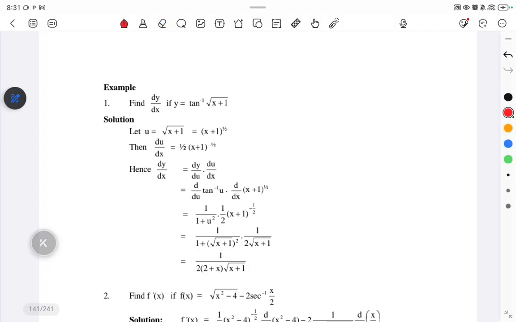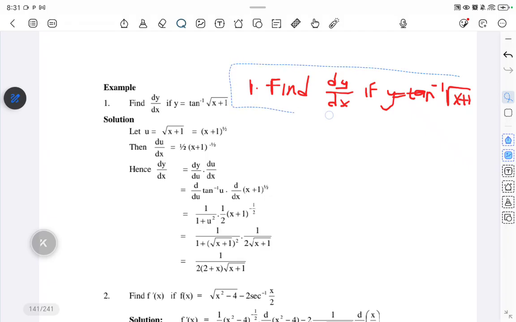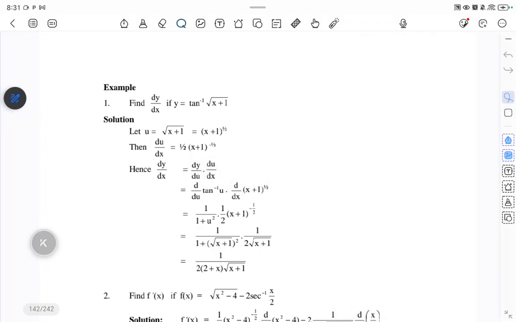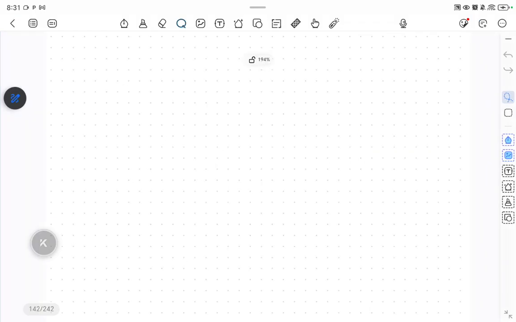So they say find dy over dx if y is equal to arctan of root of x plus 1. Now let me copy this and open a new page, and then just paste this.